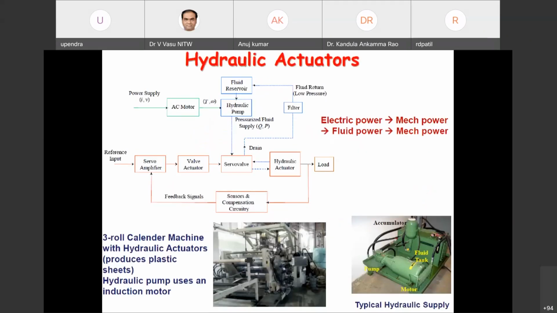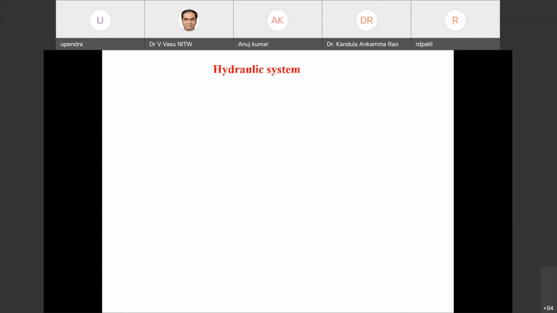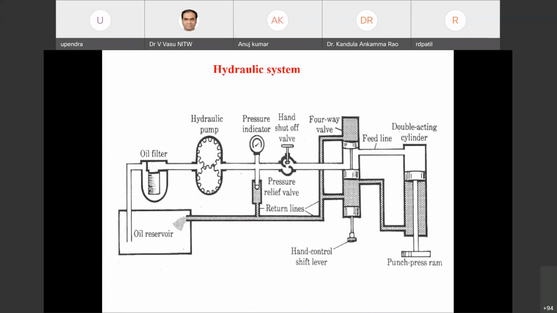Okay, so this is the basic structure of a hydraulic system. We have an oil reservoir, an oil filter, and a hydraulic pump. There are different types of pumps, like gear pumps, internal and external gear pumps, and vane pumps.